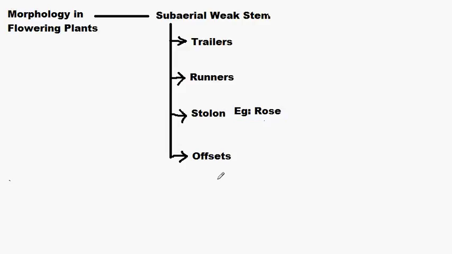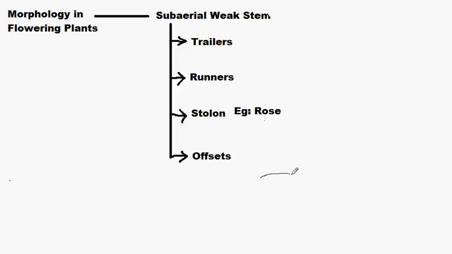It's a scientific name obviously, and it is one example. There are some more, but it is one example where offsets are seen in terrestrial plants, and most of the time it is seen in aquatic plants like water lettuce and water hyacinth. But what is offset? Let us talk.